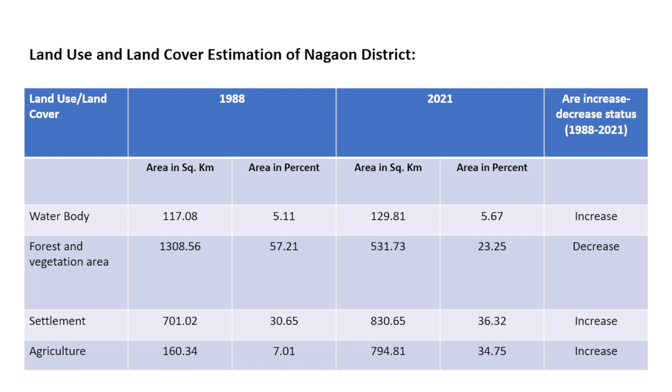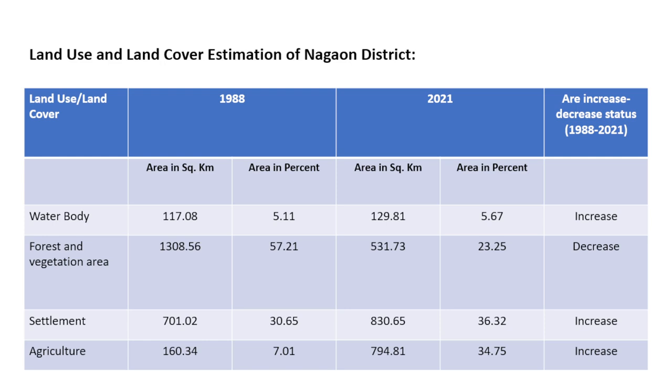The data clearly shows a trend of increased land use for settlement and agriculture at the expense of forest and vegetation area. While water bodies have a slight increase, the substantial decrease in the forest cover and increase in the settlement and agricultural land use reflect ongoing urbanization and agricultural expansion in Nagaon district.